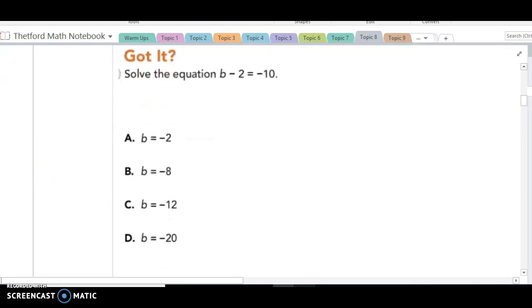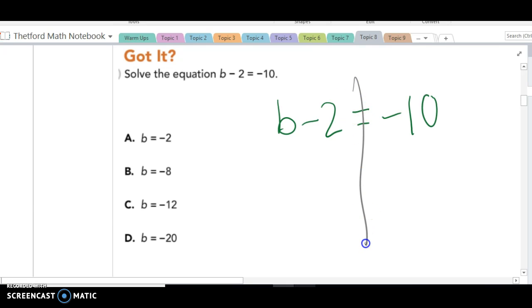In this equation, we have b minus 2 equals negative 10. Step 1, we draw the line down the equal sign. Step 2, identify what is happening to our variable. Right now, we're subtracting 2, so I need to do the opposite, which means I'm going to add 2 to both sides.